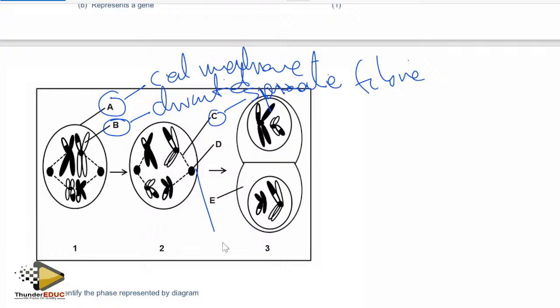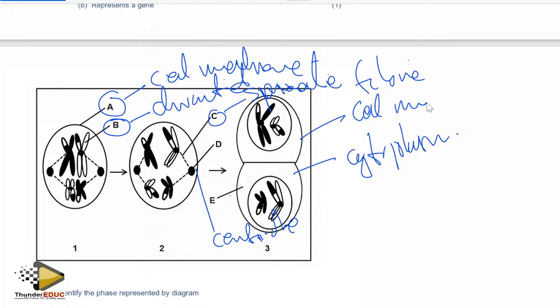D is centriole. E is the cytoplasm. Yeah, because this is the cell membrane.